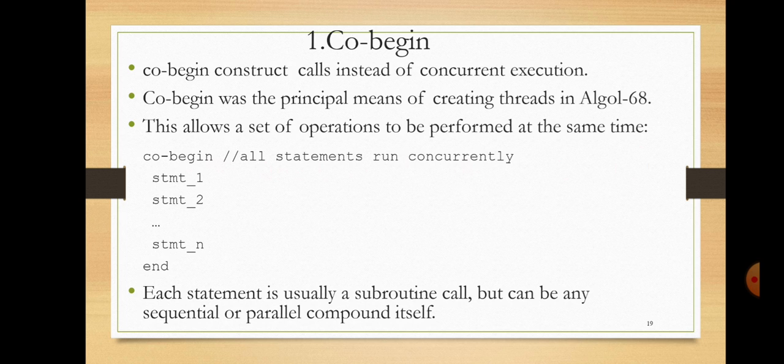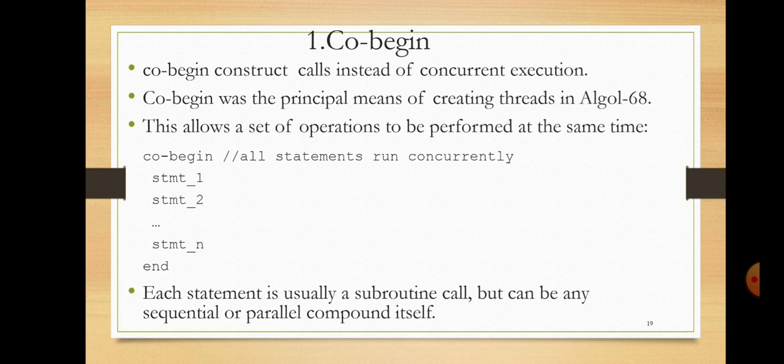So in order to create a thread, there are 6 basic options, and the first option is co-begin. This method is mainly used in Algol 68, and its syntax is co-begin, then the collection of statements.